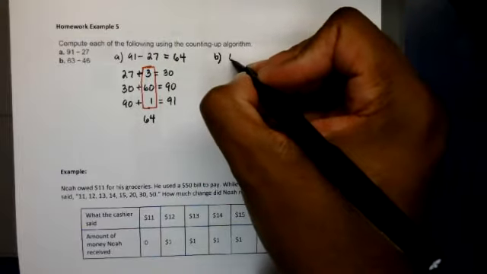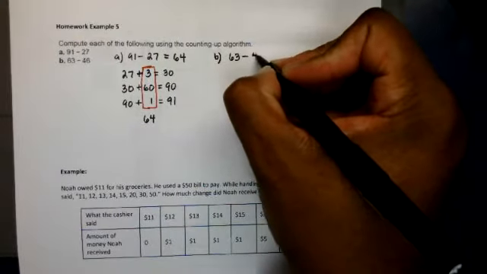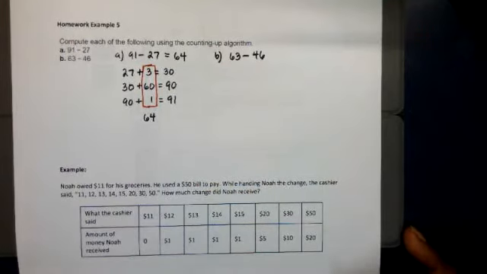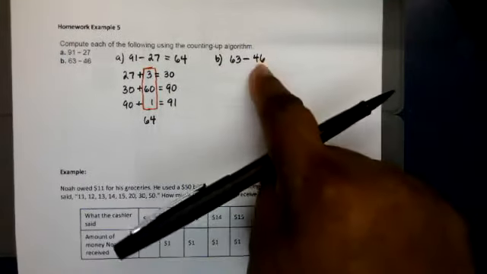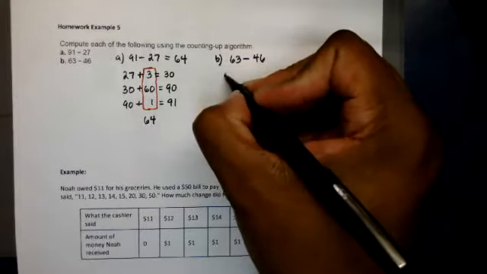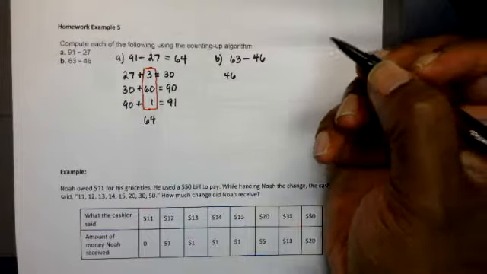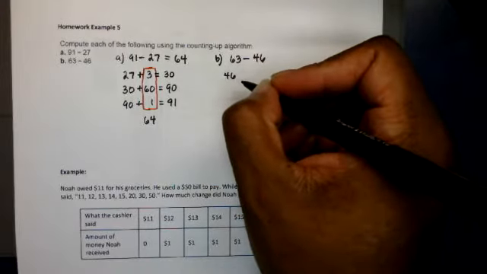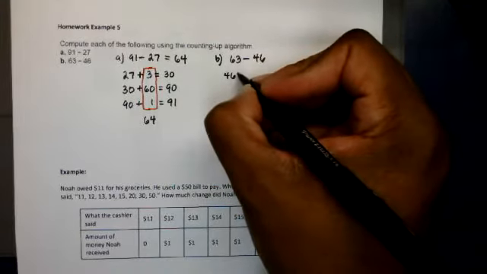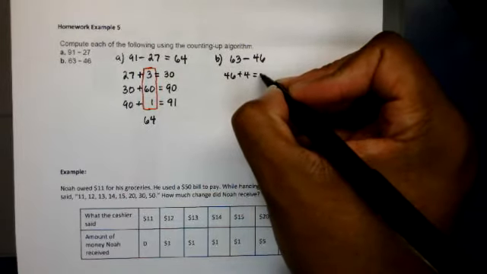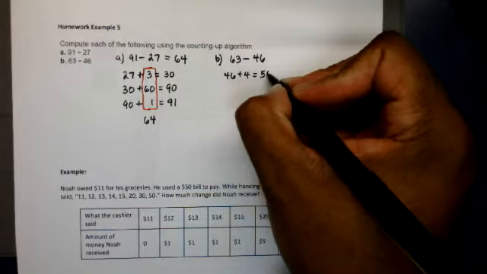All right, part B, 63 minus 46. We're going to start with this number 46 and try to work our way up to 63. Let's see, 46 is 4 away from 50. So if I add 4 to the 46, I'll get 50.